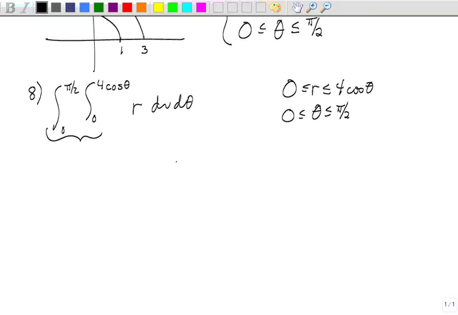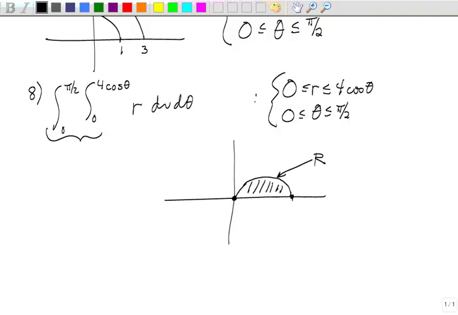Well, 4 cosine theta is a circle, and if you start at 0, it's 4, and pi over 2 is 0, and theta is between 0 and pi over 2, so I get that half circle. Let me draw it better than that. And that's my region R. That's what this is. So it's just a half circle.